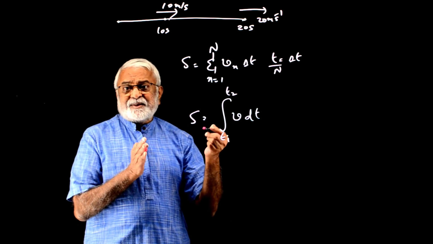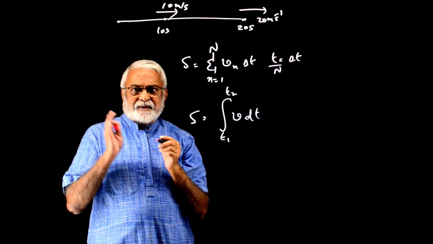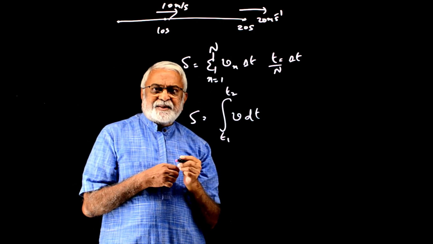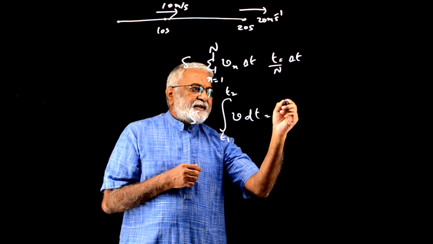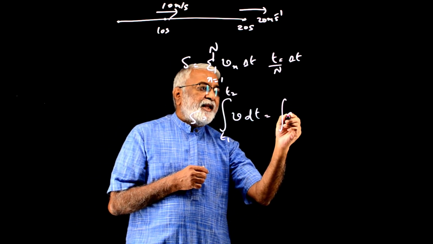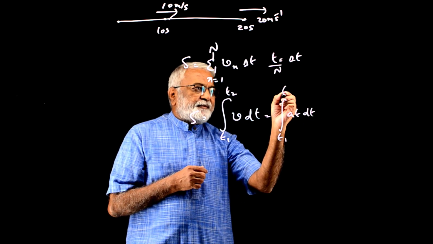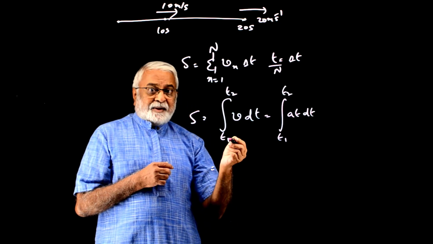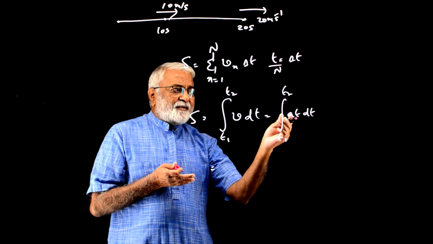Now in our case v is a t, right? If you take t is equal to 0 as the time when it starts moving, this will be v is equal to a t, and this will be 10 and this will be 20. So this is the integral of a t dt from t1 to t2, and there is an interesting way of doing this.